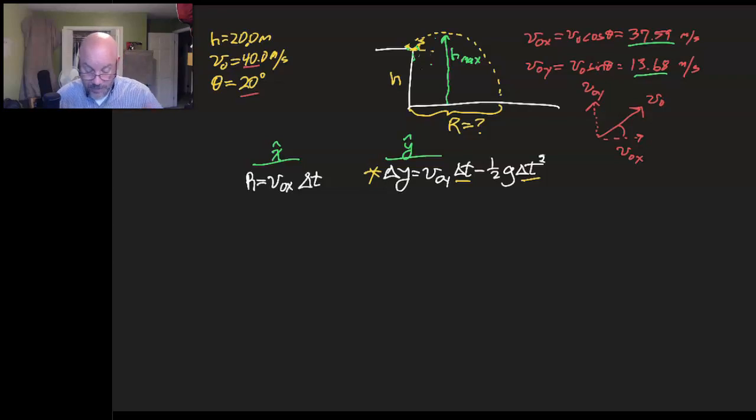Before, when we found time of flight, we knew how far we had fallen, start to finish. But this time, we don't know the change in vertical position, and we don't know the change in time, either one. Okay, so we're gonna have to figure that out.